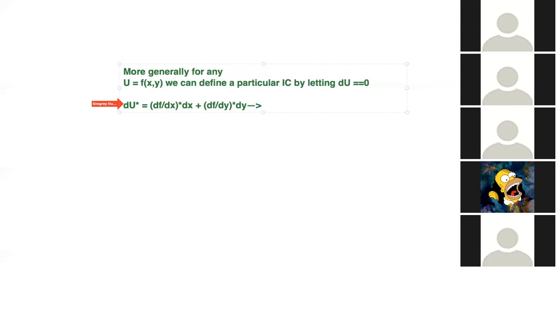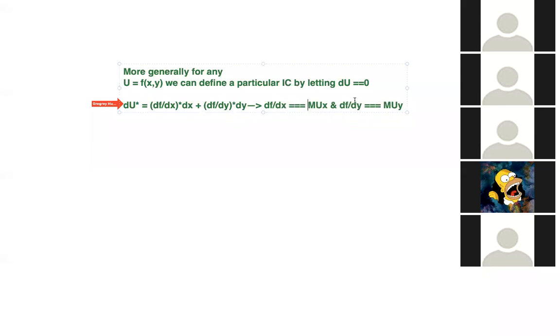So one is that we have a special name. When we change utility, remember this is the utility function, by changing one of the consumption goods, we have a special name for that. We call that the marginal utility of X. And we have a special name for changing utility as you change the amount of some other good Y, and we call that the marginal utility of Y. Does that make sense, Miriam?